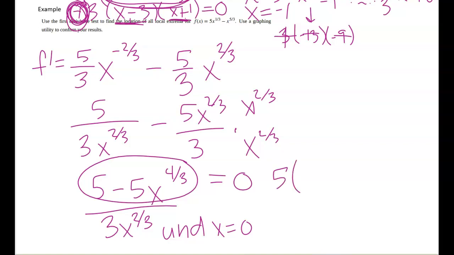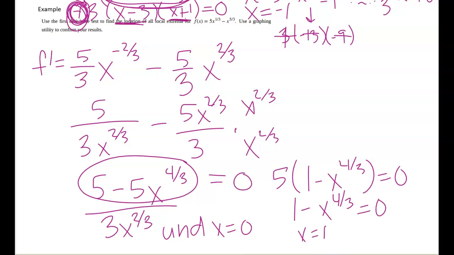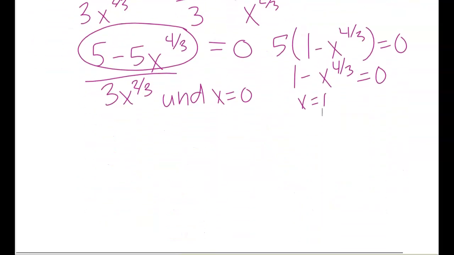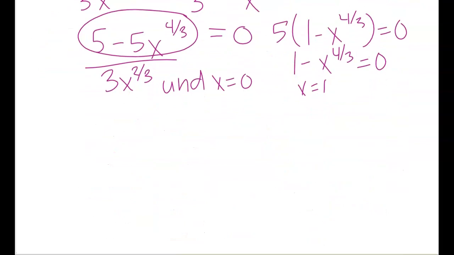So 5 times 1 minus x to the 4/3 equals 0. Now since this is a cube root, and a 4th and all of that on the inside, let's evaluate that. That seems a little bit tricky. So if x equals 1, yes, that is 0. What happens if x equals -1?